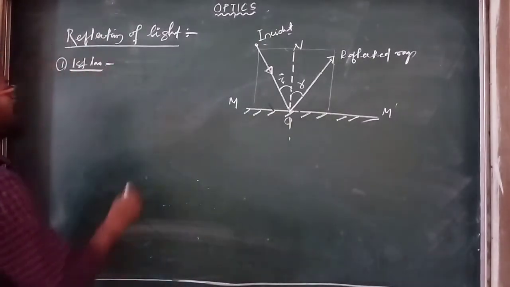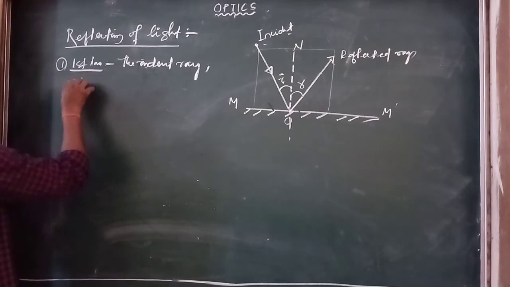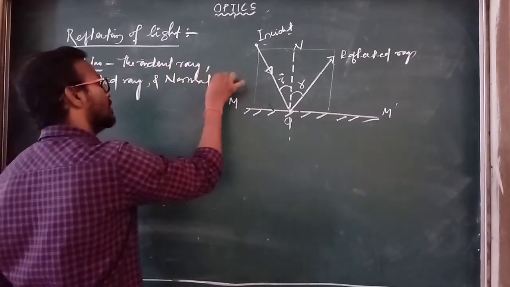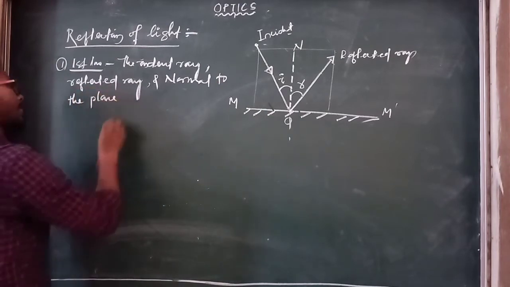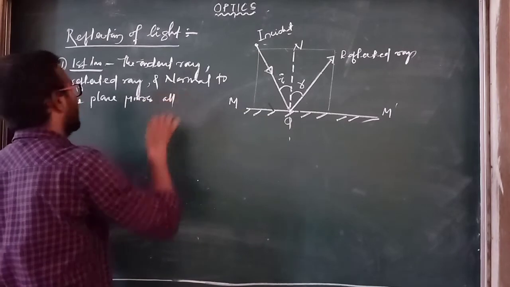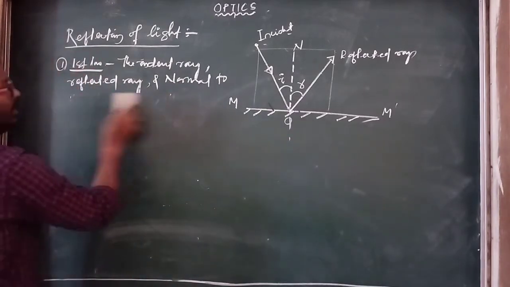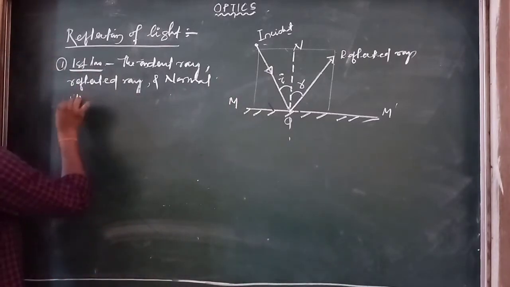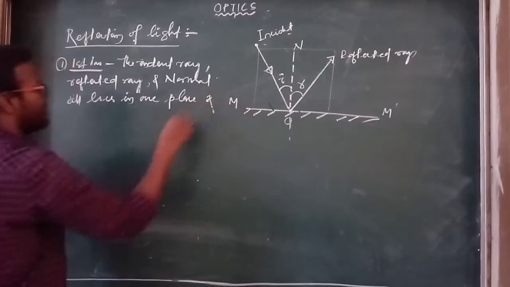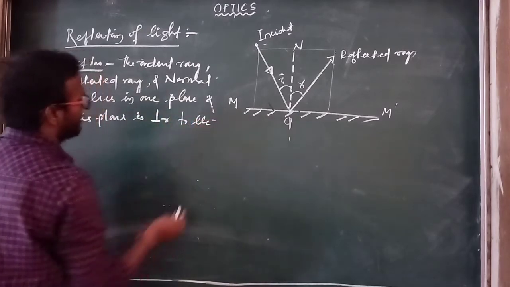So the statement of the first law of reflection: the incident ray, reflected ray and normal to the plane mirror all lie in one plane, and this plane is perpendicular to the mirror.